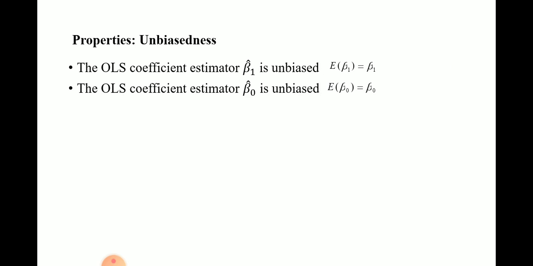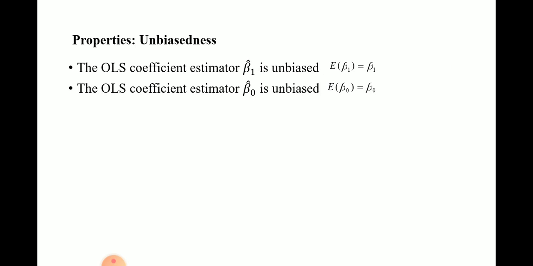Then what is unbiasedness? The OLS coefficient beta 0 is unbiased, and the OLS coefficient beta 1 is also unbiased. Unbiased means your sample estimator beta cap 1 and the population parameter beta 1 should have the same value, or the difference between beta cap and beta will be equal to 0.